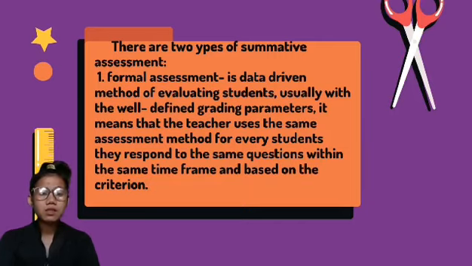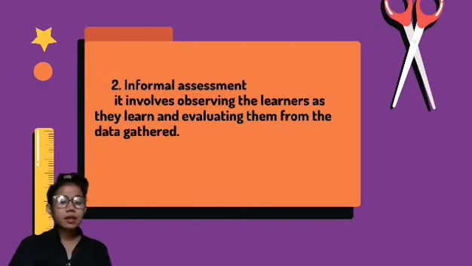They respond to the same questions within the same time frame and based on the criterion. The second is the informal assessment, which involves observing the learners as they learn and evaluating them from the data gathered.